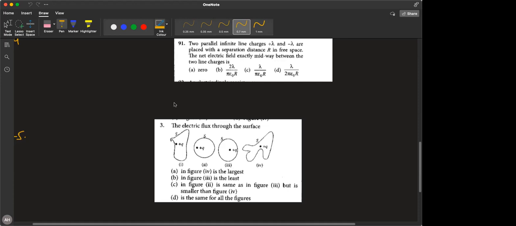Excuse me, sir. Yes, Arpit. Sir, in the last question, we have to write the full explanation, the reason behind it? Yes, just 1-2 lines on why you chose a particular option.